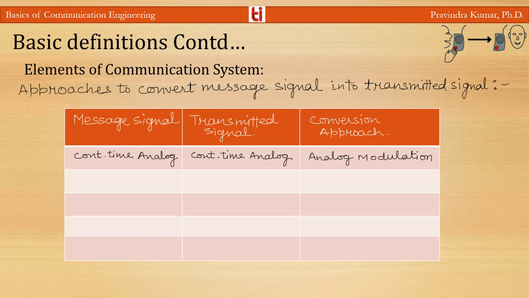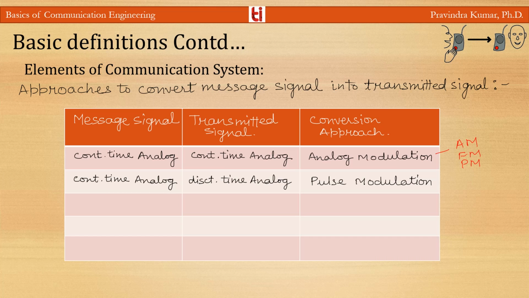If the message signal m(t) is a continuous time analog signal, and I convert it into the transmitted signal s(t) for transmission, and this transmitted signal is again a continuous time analog signal, maybe with a different frequency, then this conversion approach is known as analog modulation, like amplitude modulation, frequency modulation, phase modulation.